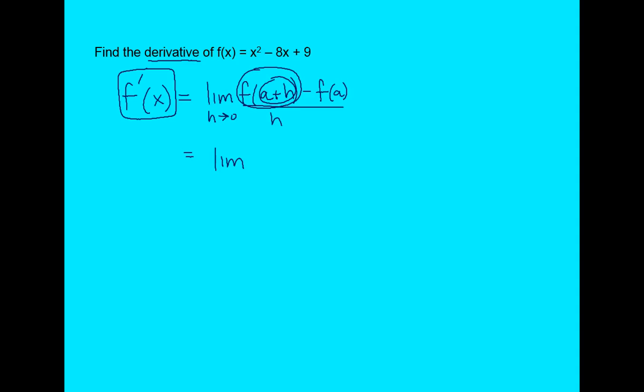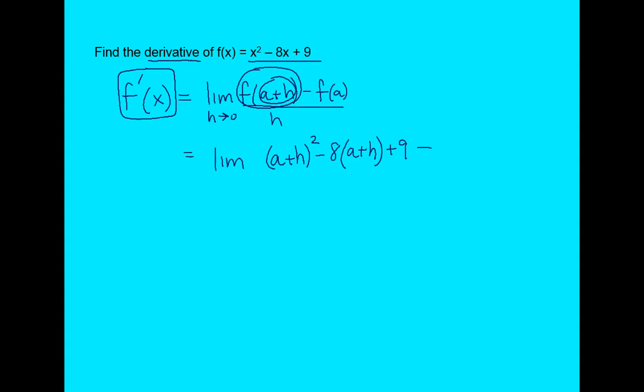So every place we see an x in our function, we're going to plug in a plus h. So we'd have a plus h squared minus 8 times a plus h plus 9.